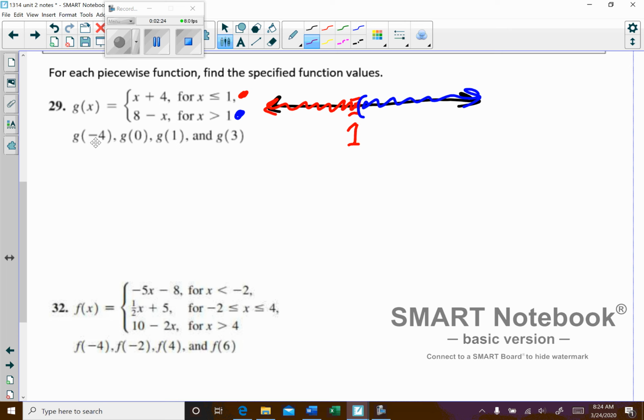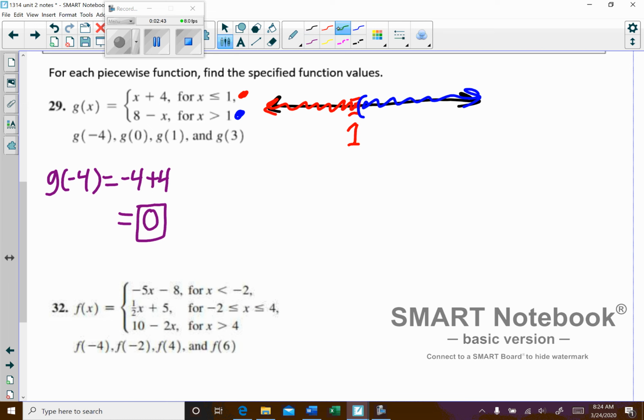So g of negative 4 would lie in the red area, so we're going to plug it into the first one. So g of negative 4 is equal to negative 4 plus 4, which equals 0.